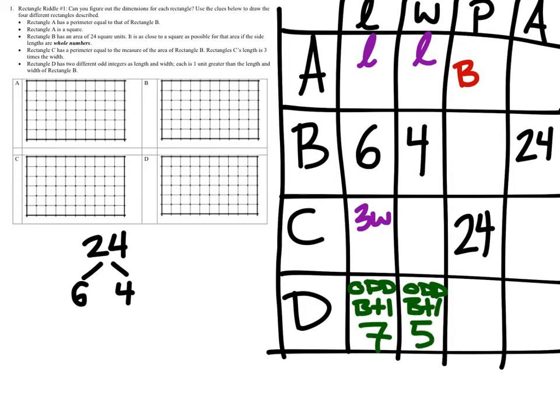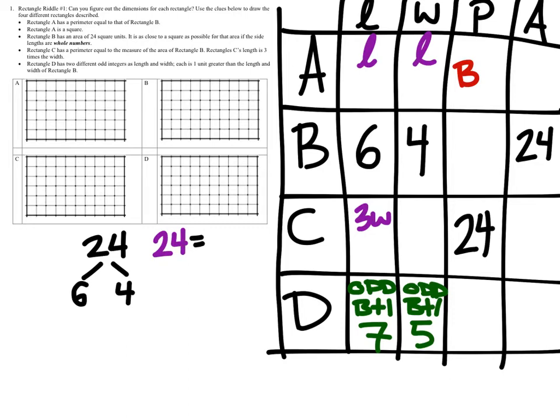Now let's go back to the fourth clue, where it says that the length of rectangle C is 3 times the width. We already know the perimeter for rectangle C, which is 24. That's the perimeter.